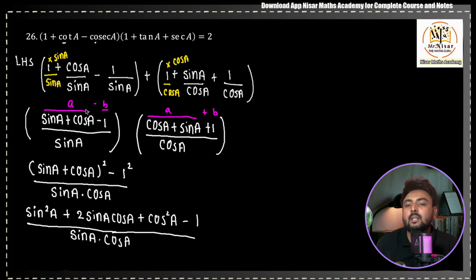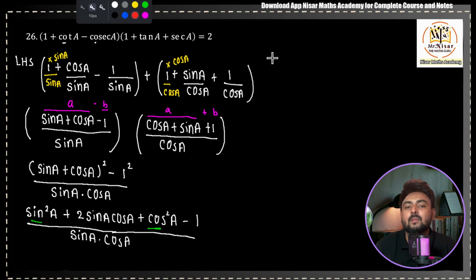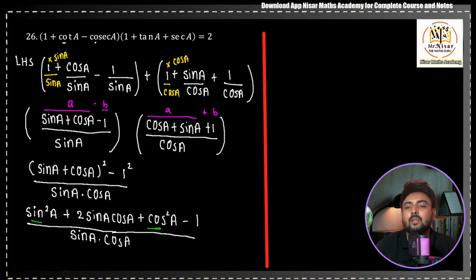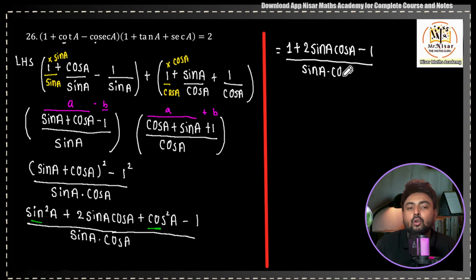What can you do here, children, now? Again, have a big vision and try to understand this. It is sin square a plus cos square a. Sin square a plus cos square a becomes what again? Same. I'll just mark a line over here. Yeah, so sin square a plus cos square a is going to become 1. Let it be 1, 2 sin a into cos a minus 1 upon, in the denominator we have sin a into cos a.